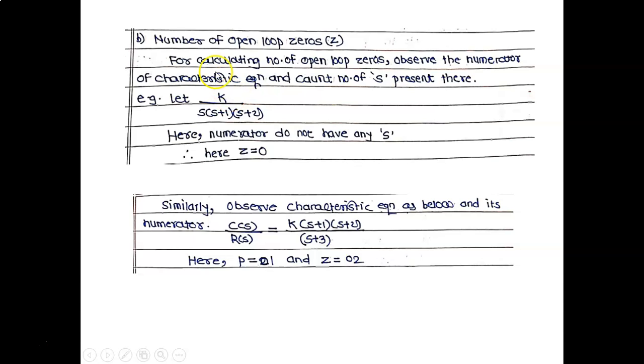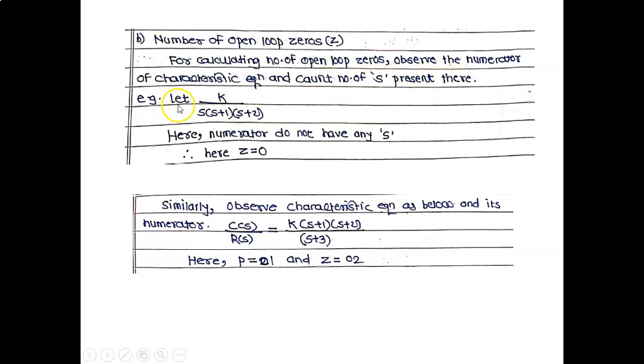Now next, the number of open loop zeros, that is Z. For calculating the number of open loop zeros, observe the numerator of the characteristic equation and count the number of S terms present there.